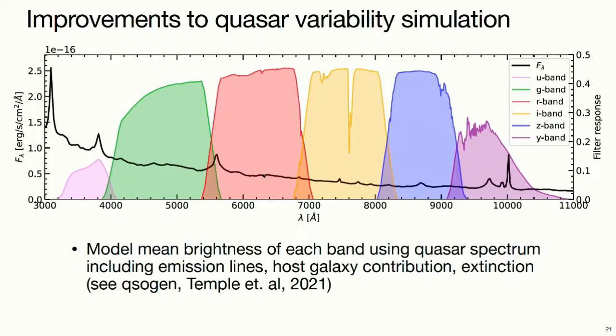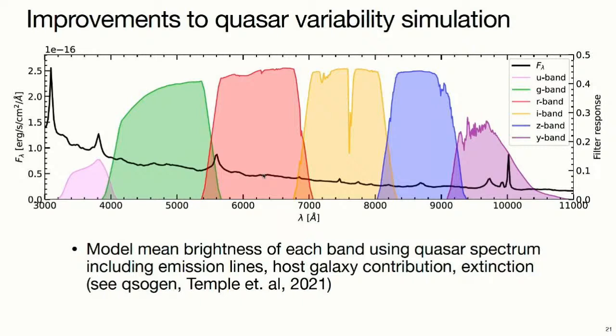And I want to also mention that we're making improvements to our simulation. So now I'm actually modeling the quasar spectrum to get the mean brightness of each band, which is not something I was doing before. So this is an example here. We have the continuum that comes from our accretion disk model, and then we add different features. Sorry, we add the emission lines, the host galaxy contribution, and extinction on top of that.